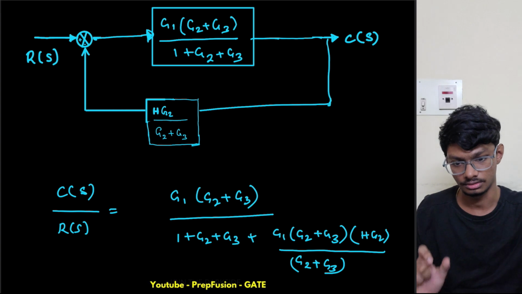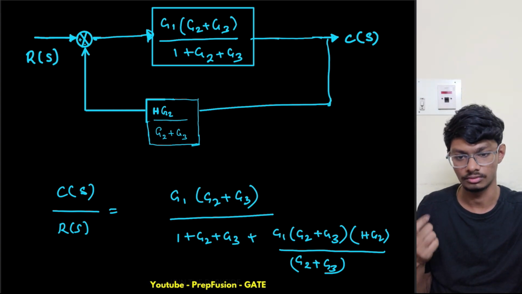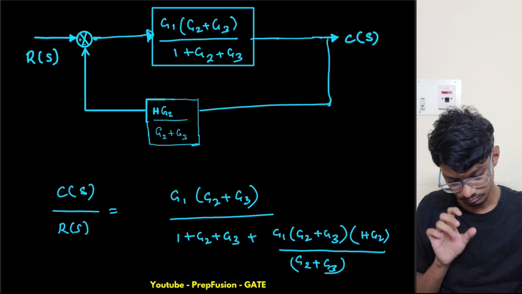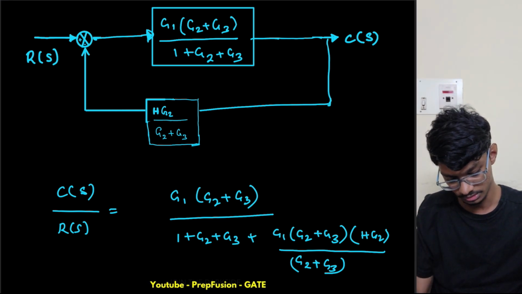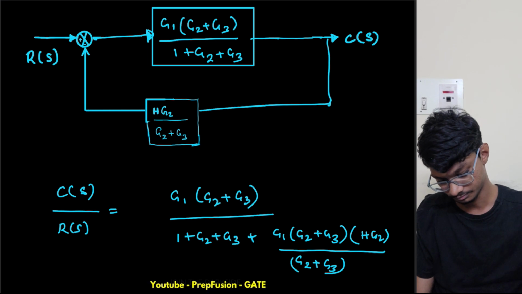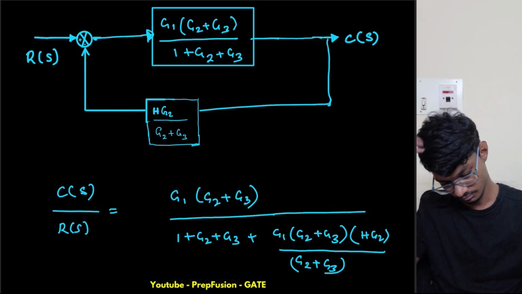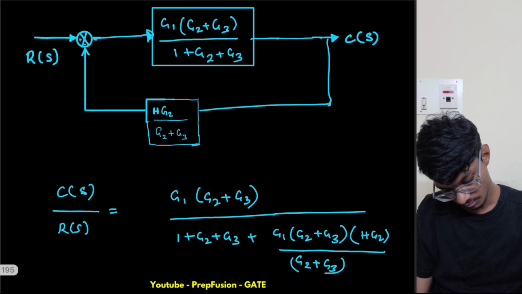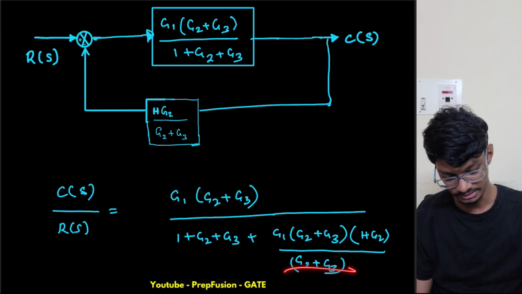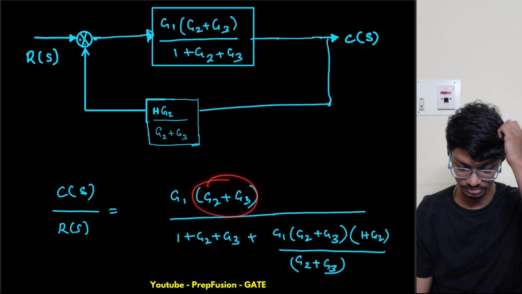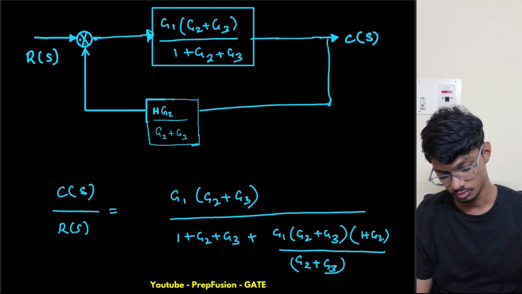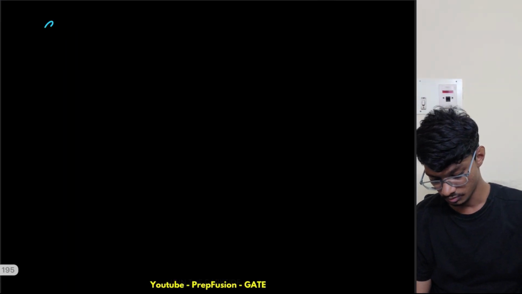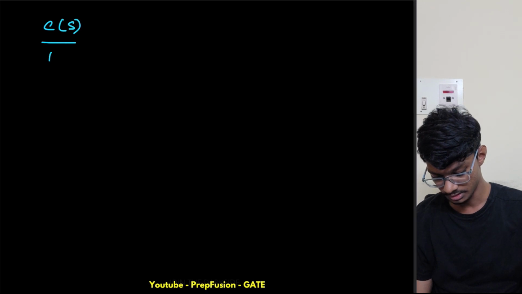So now how will I do it? Simply again taking the common G2 plus G3 on both sides. Okay, sorry, this G2 plus G3 anyway cancels out, right? So we have G2 plus G3 in the numerator also. Okay, that was the confusion that I was getting. So this G2 plus G3 anyway cancels out. So what is the transfer function answer we get?